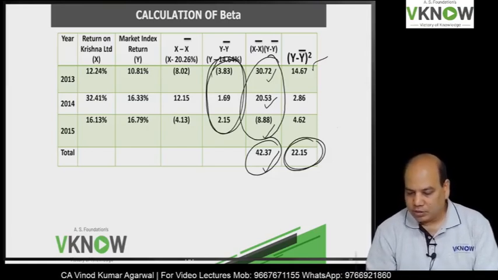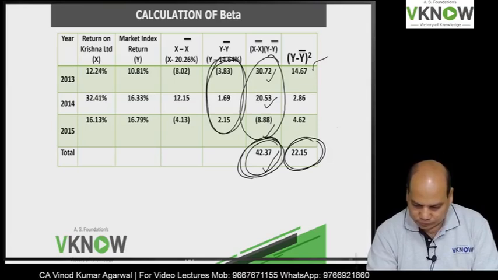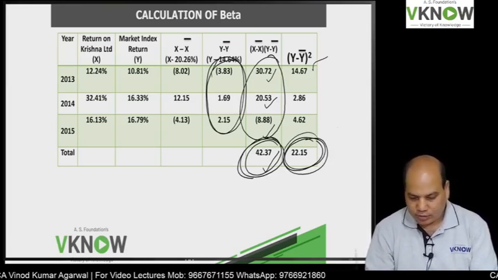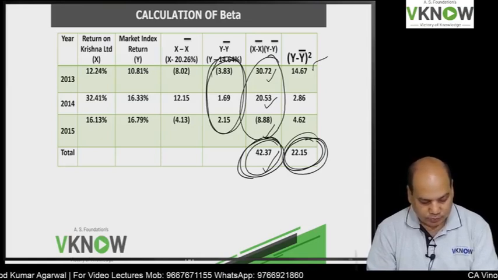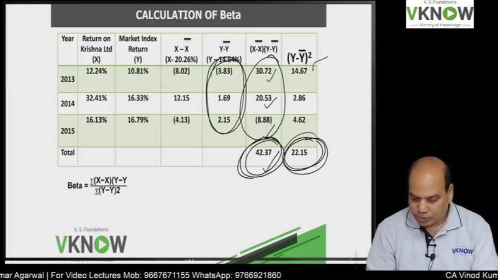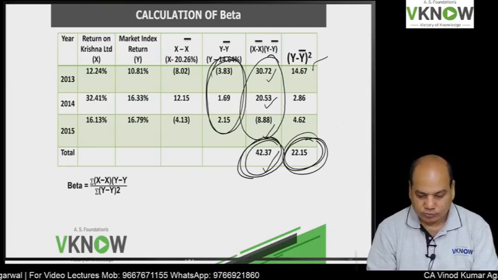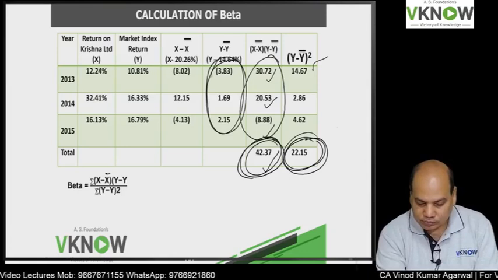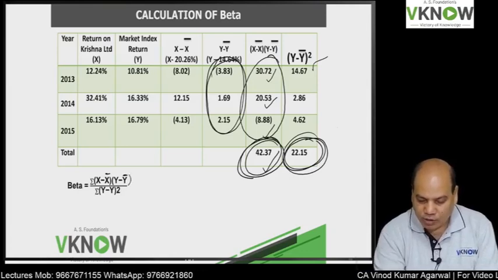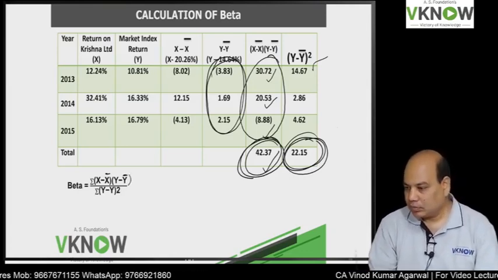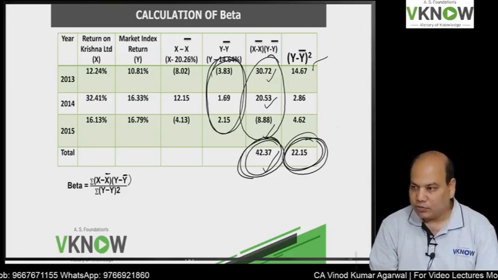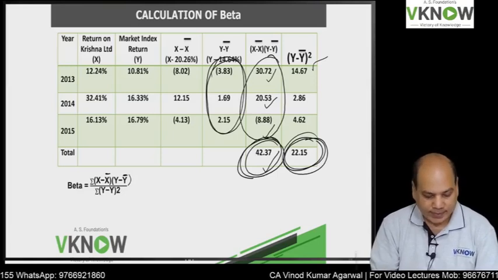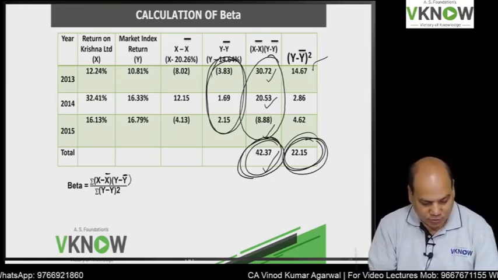So what will be the beta now? This divide by this, correct? So dear student, now you write below that beta equal to formula summation x minus x bar into y minus y bar upon summation y minus y bar square.